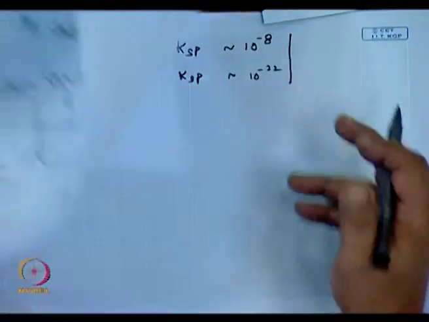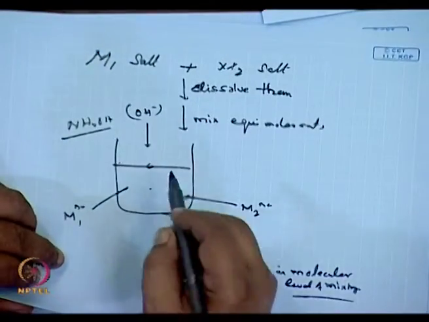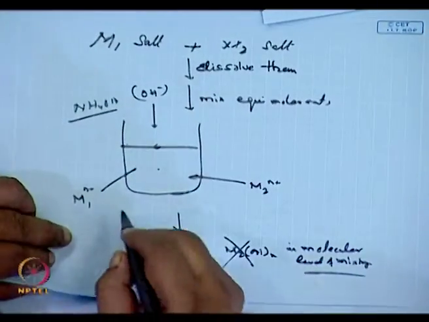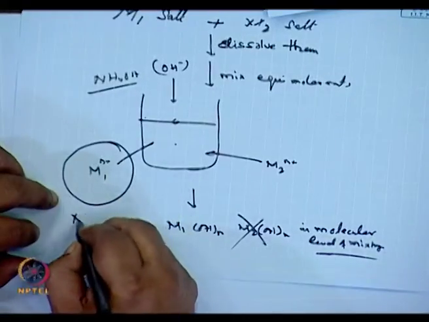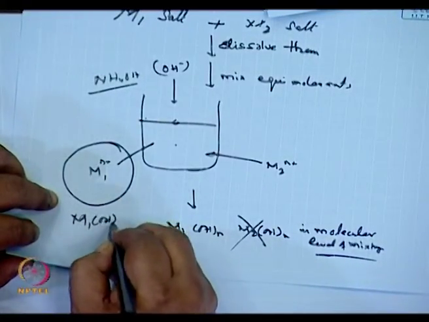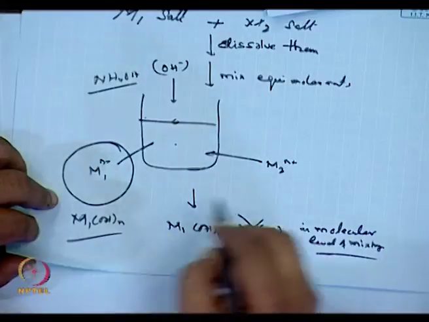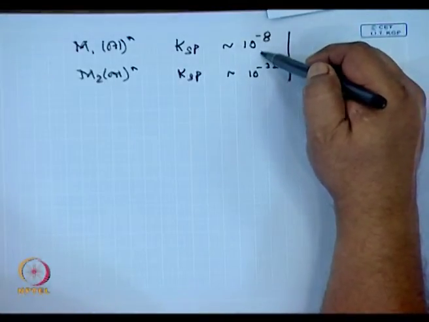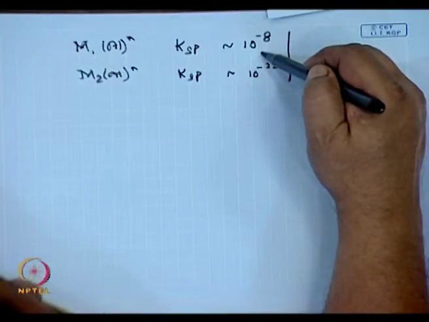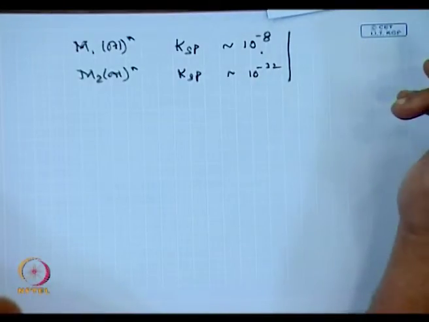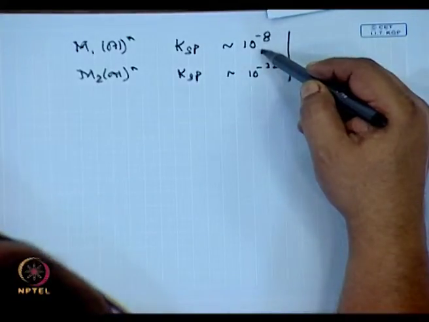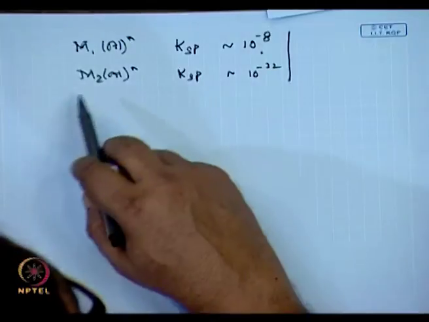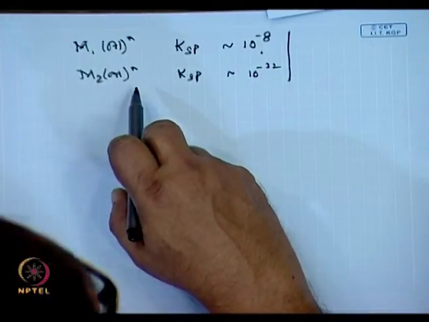This means that in this solution, when I add alkali, the first thing to be precipitating out is M1 OHN. M2 OHN will not precipitate because the alkali will be first consumed by M1 ions to form the hydroxide, and until the M1 ion concentration has fallen sufficiently low, M2 OHN will not precipitate.